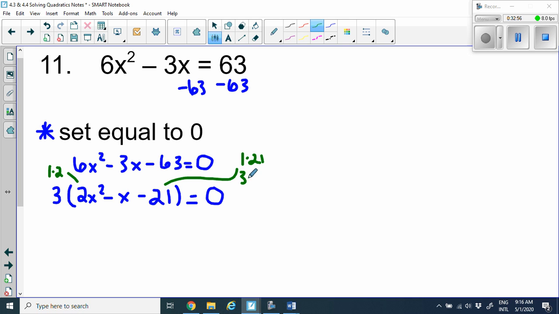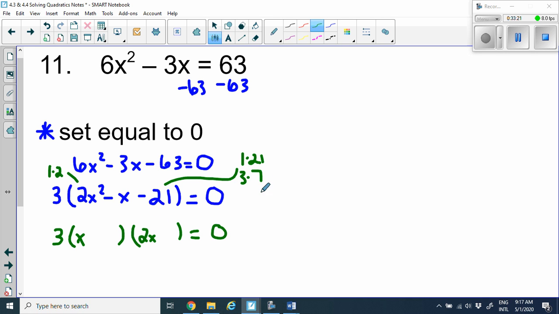I'm going to go ahead and create my two sets of parentheses. My 3 still stays out there until I actually solve. Since 1 and 2 is the only pair, I have to use it. So I'm going to have x, or you could do 1x, and a 2x, and I know that works because x times 2x gives me 2x squared.